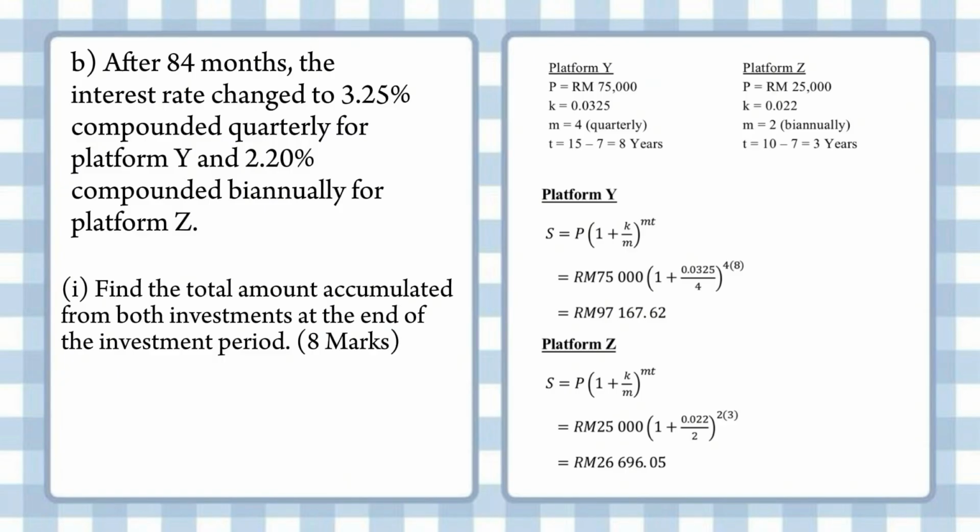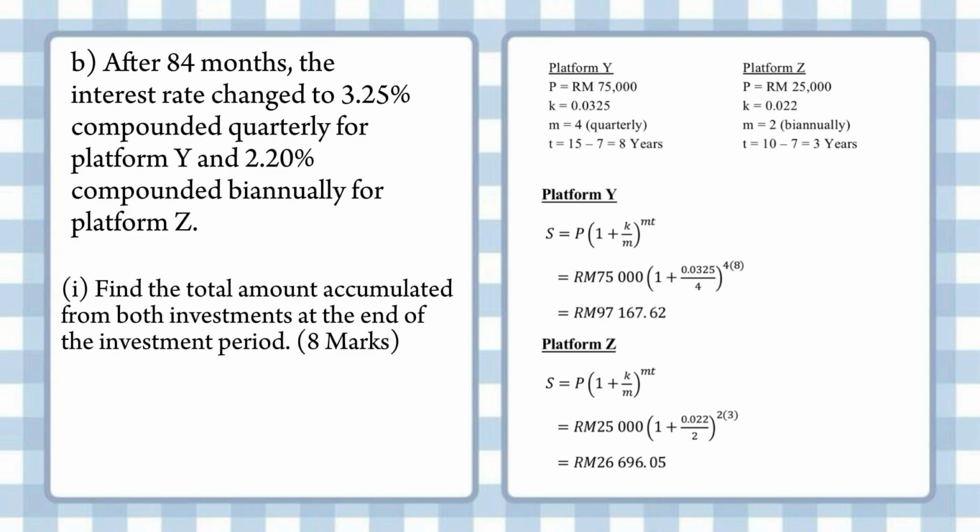For Platform Z, P equal to 25,000, K equal to 0.022, M equal to 2, T equal to 3 years. The formula we're going to use is S equal P bracket 1 plus K over M bracket to the power MT.